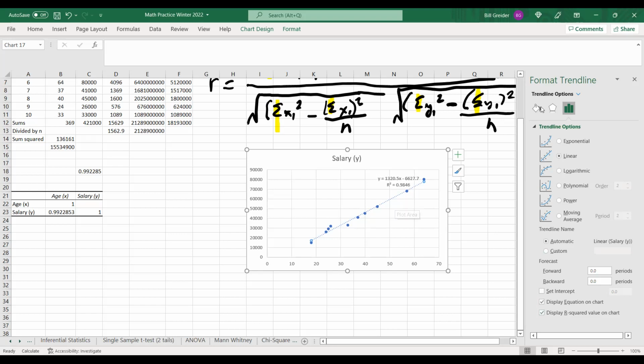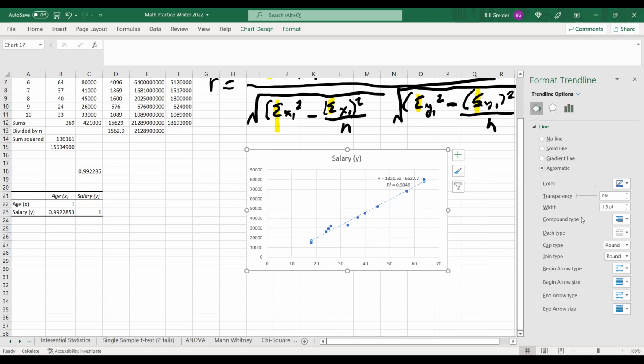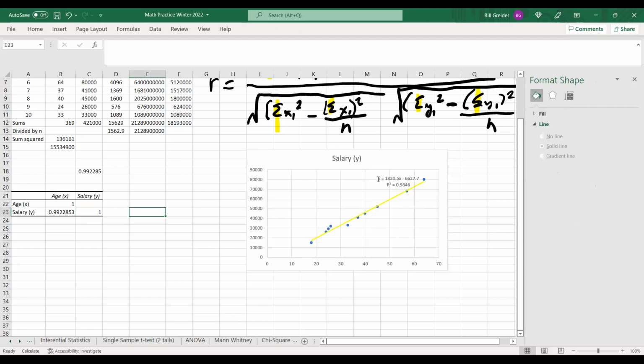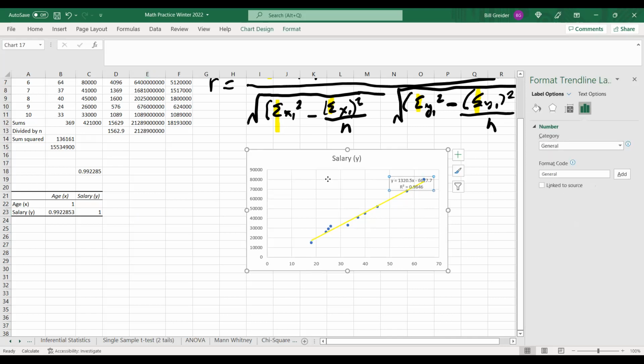And I'm going to paint this line yellow, just so you can see it easier with the blue. I'm going to make it a solid line, and maybe a little thicker so you can see it easily. I'm also going to blow the formula up a little bit so you can see it. Put it over here.